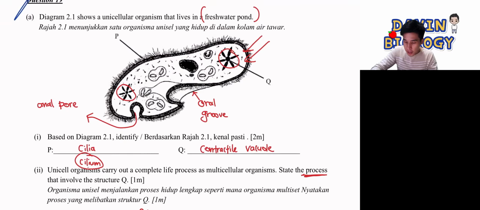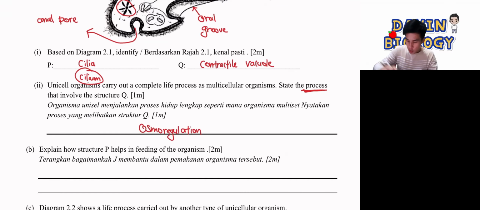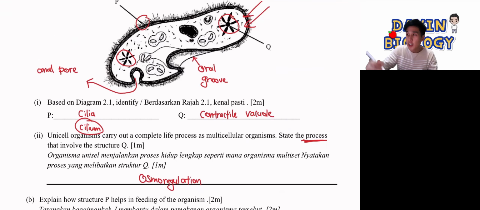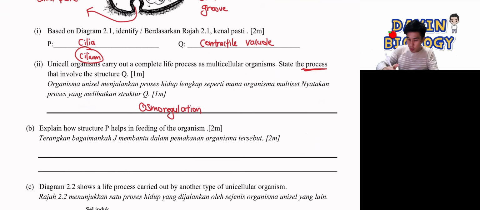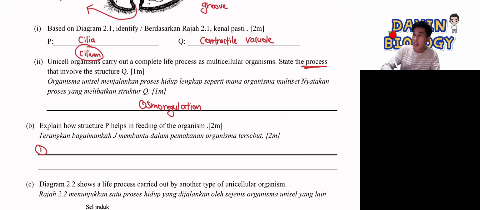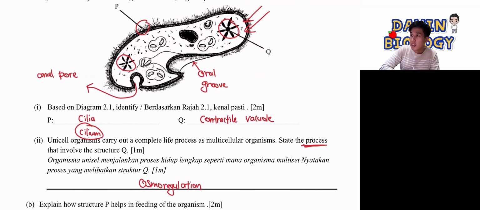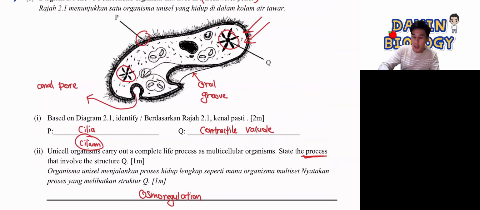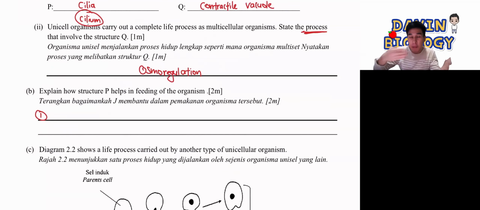And to eat food, they rely on this P. So how are you going to explain this fella? This fella will sweep the food. Move particle. Okay, there's a specific way to explain that. You cannot just say move the food particle. You must say it like this. The anal pore, or actually our textbook will write anus, both also can. You must say it rhythmic beating, or beat rhythmically also can.